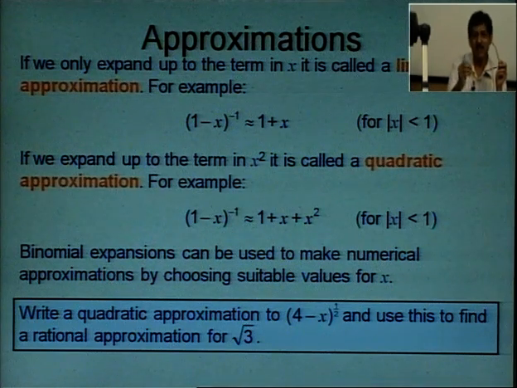So, this is the linear approximation, and similarly if I take the term up to x square, that is the quadratic approximation, and once again everywhere I am using the fact that mod x is less than 1.